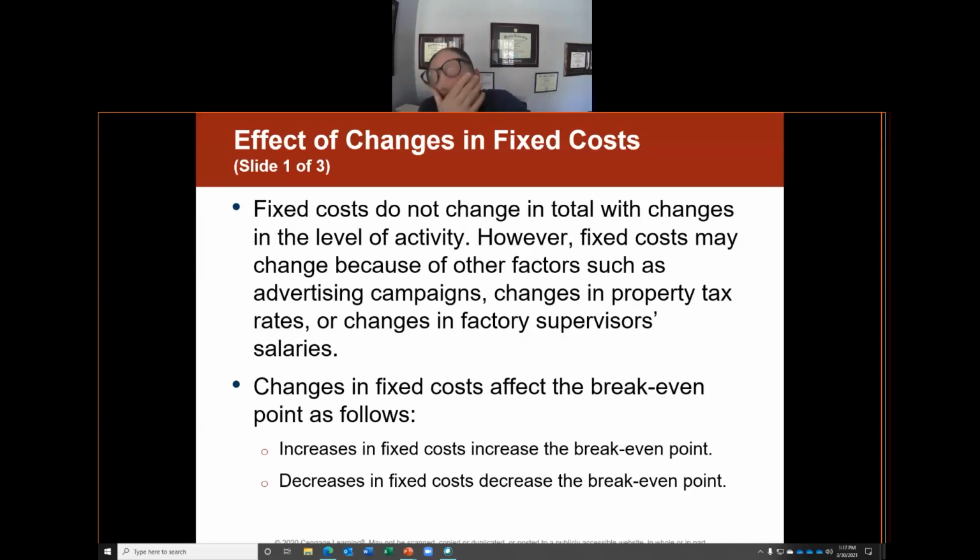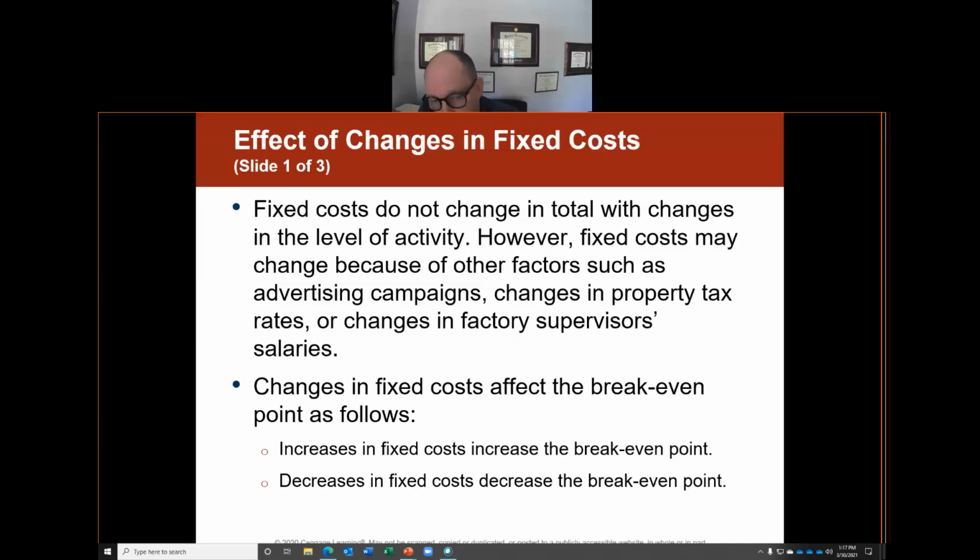As you know, fixed costs do not change regardless of the level of activity. Level of output changes, my fixed costs remain the same. What if my fixed costs change? Fixed costs might change if I run a TV ad, or I have an increase in my property taxes, or I have to pay supervisor salaries more. Therefore, my fixed costs change.